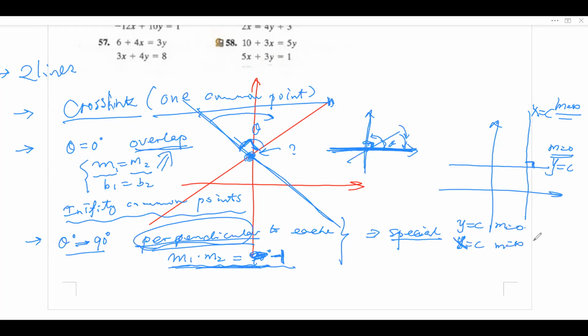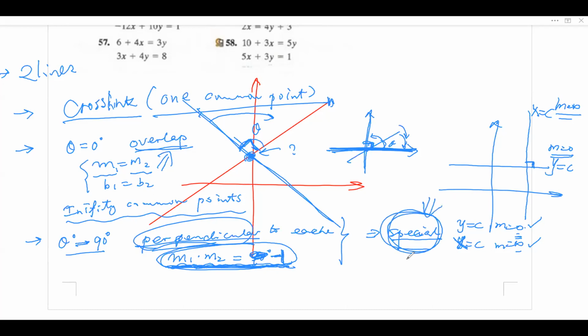The product of these two slopes is not -1, since 0 times infinity is not -1, so we cannot judge by this rule. But these two special lines are still perpendicular to each other. This is a special situation we didn't talk about last class.